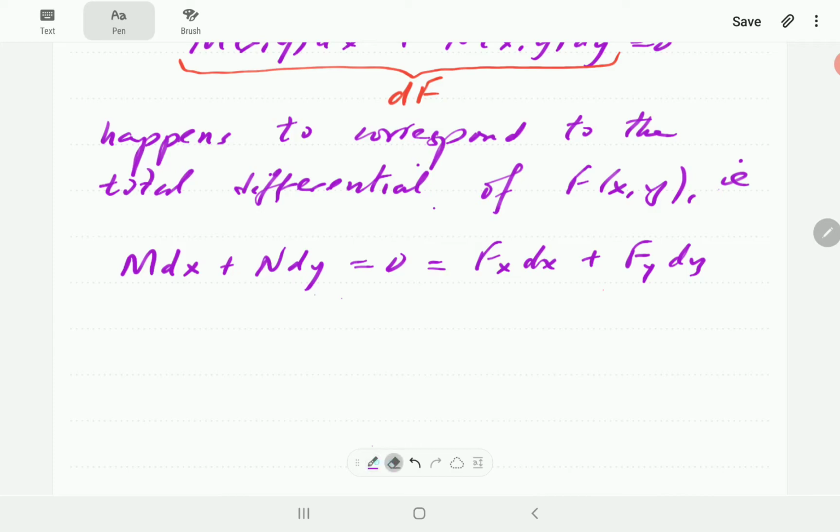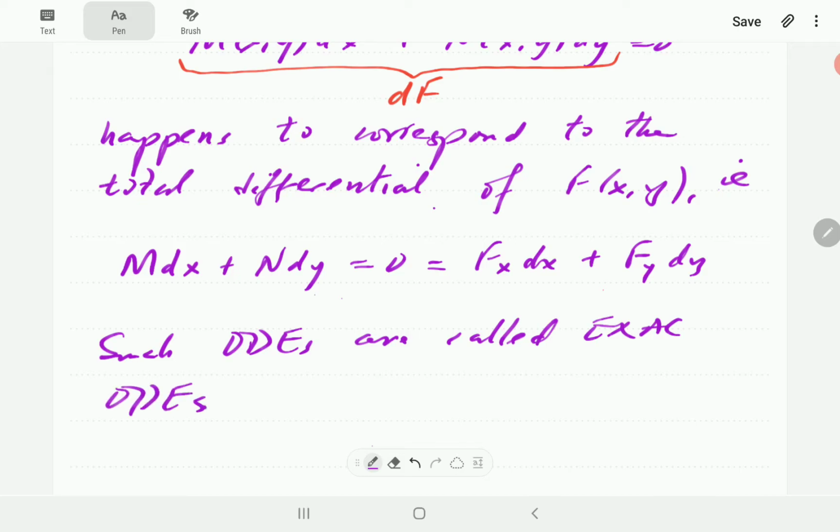So we're basically saying that this differential corresponds to the total differential of the function f of x y. When this happens, the ODE is called an exact ODE. Such ODEs are called exact ODEs.